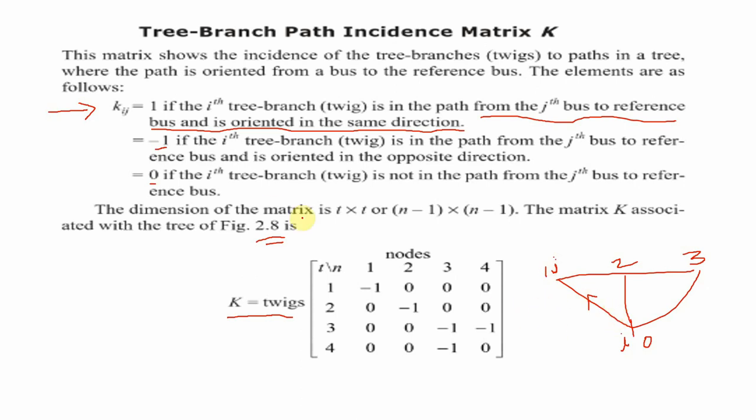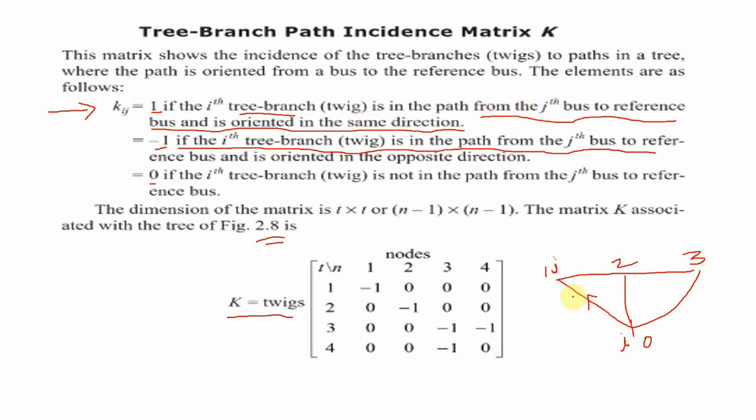Here, K is equal to -1 if the ith tree branch is in the path from the jth bus to the reference bus and is oriented in the opposite direction. And it is +1 if the ith tree branch is in the path from the jth bus to the reference bus and is oriented in the same direction.